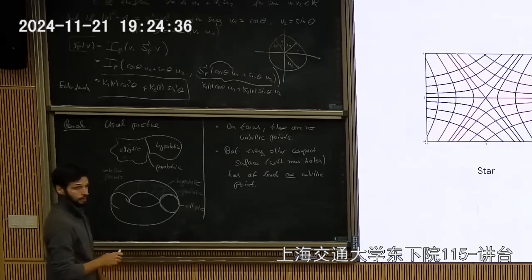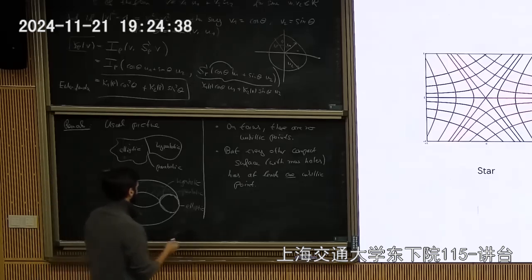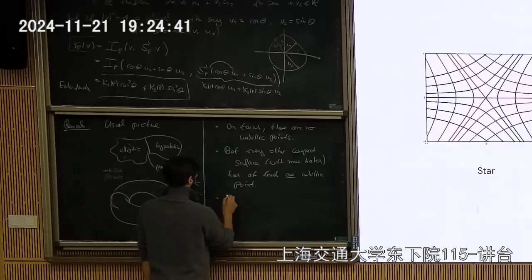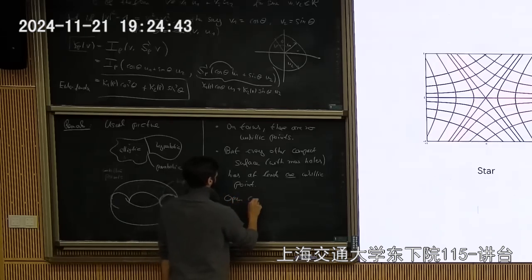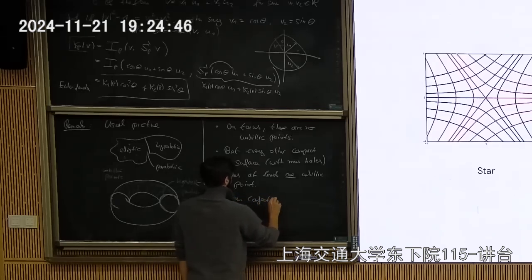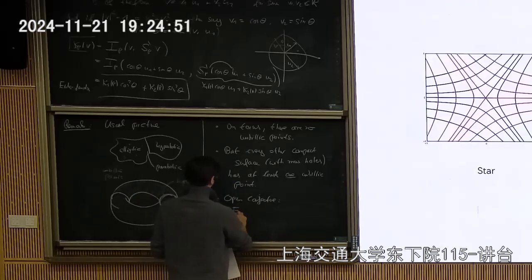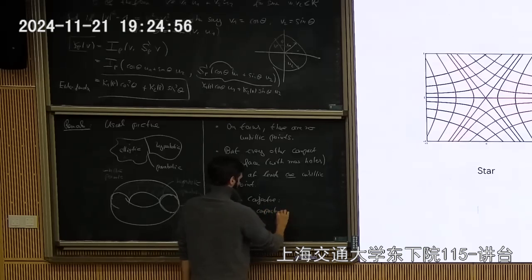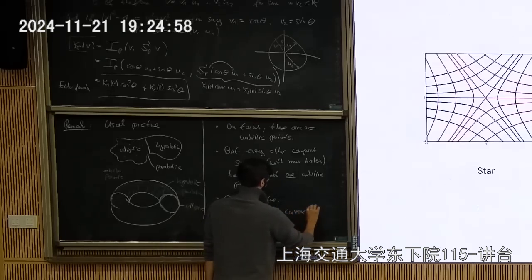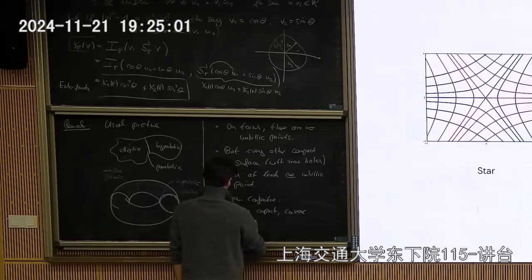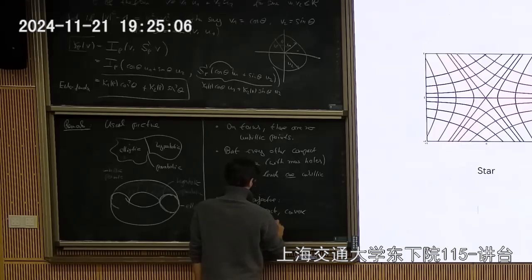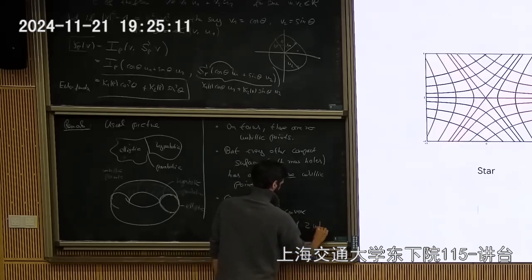And there's actually an open conjecture which says that every compact convex surface has at least two umbilic points.